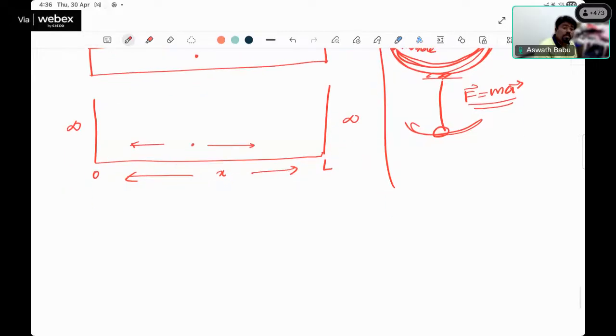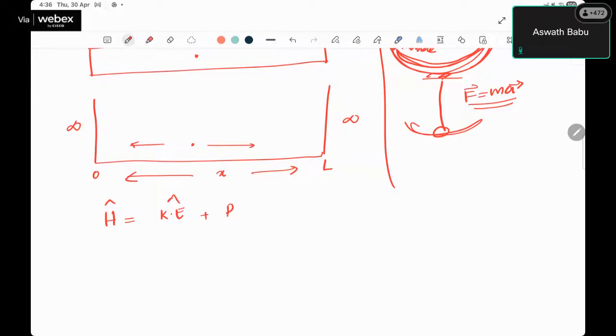Here I have to use the Schrodinger equation. What is the Schrodinger equation? It is just like Newton's second law, but at the microscopic level. You should use the Hamiltonian of the system, which has the kinetic energy plus the potential energy of the system, expressed in terms of quantum observables.